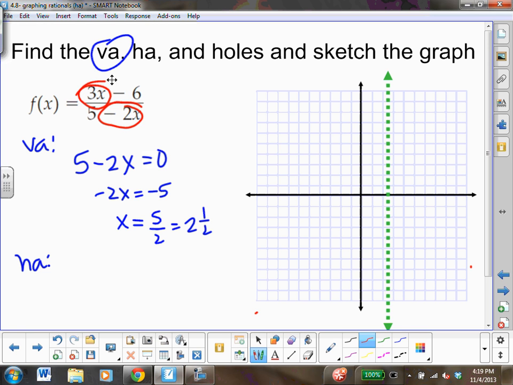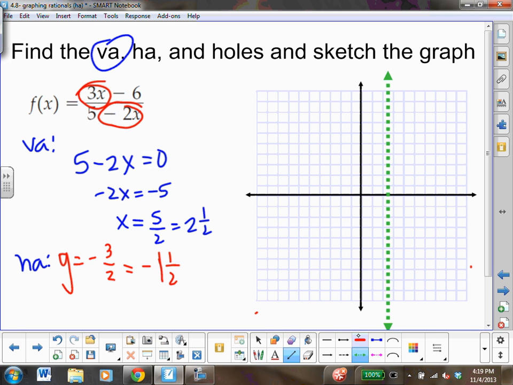And I compare their degrees, noticing that they're both the same. So the horizontal asymptote will occur at the line y equals -3x over, or 3 over 2, or -1.5. I'm going to make a horizontal asymptote at -1.5.